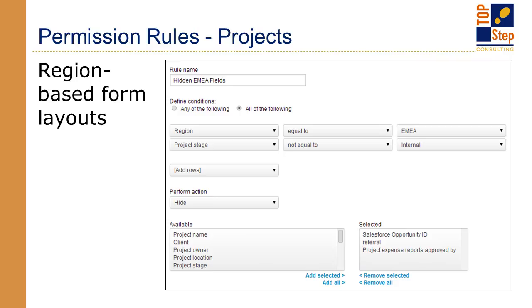We can say any of the following as well, so we can make it an or. And then under here you see the actions that we have. And again, those are the list that we just went through a second ago.